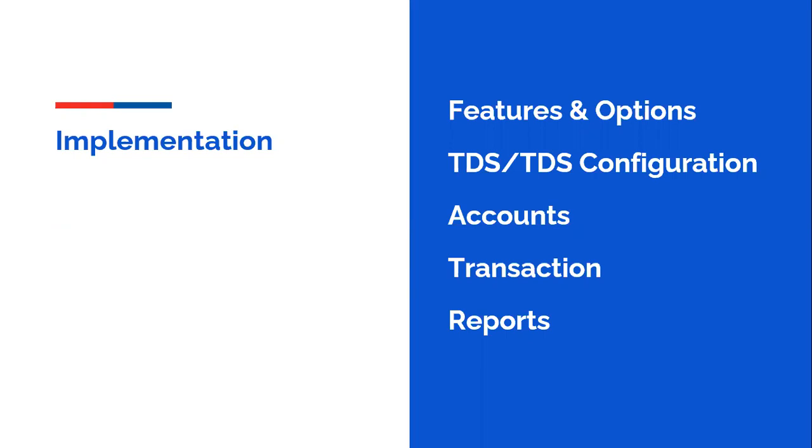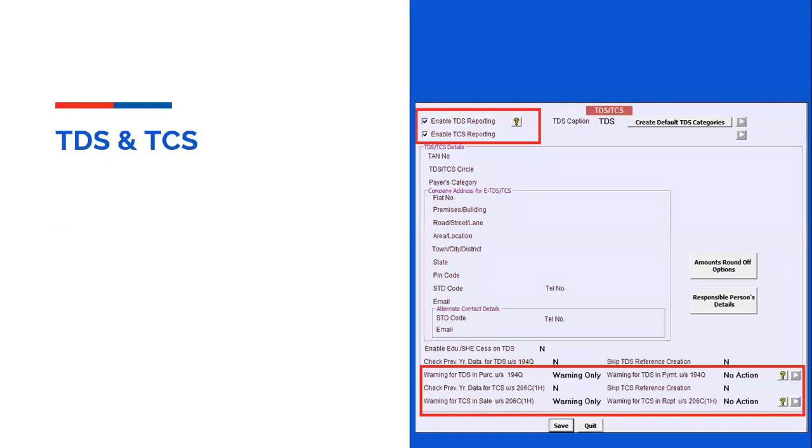Let me view the sample screenshot of the configuration part first. TDS and TCS. Now you can see the highlighted box that I mentioned: you have to go to administration. Under administration, you have to go to configuration. Under configuration, you have to go to features and options. Then under features and options, you have to go to the TDS and TCS button.